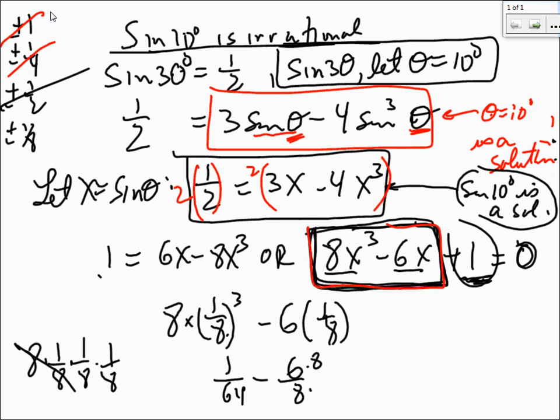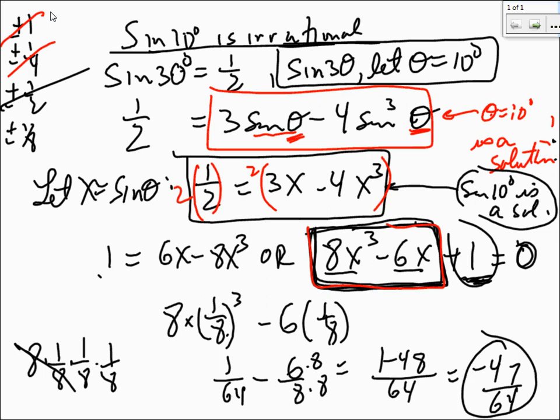I'll multiply top and bottom by 8. I have 1 minus 48 over 64, which is negative 47 over 64. And that's not negative 1. And if I plug in negative 1/8, I'll get plus 47 over 64. And when you add that last 1, you're not getting 0. We desperately wanted this to be negative 1 to find a rational root.